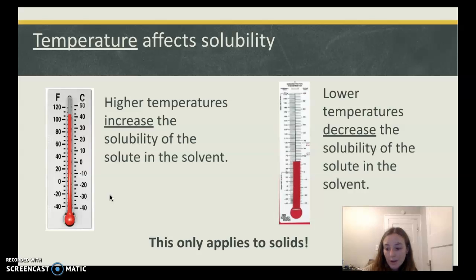If you've ever tried to make crystals, you may have had to boil water and then add sugar, because when the water is at a higher temperature, you can dissolve more solute in the solvent when you have solids, but lower temperatures decrease the solubility of the solute in the solvent, and potentially you've seen this when you have frozen things as well.